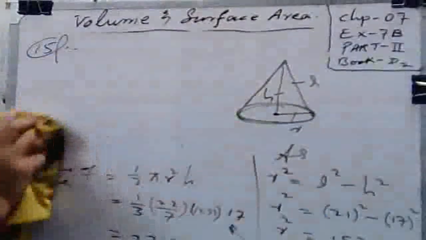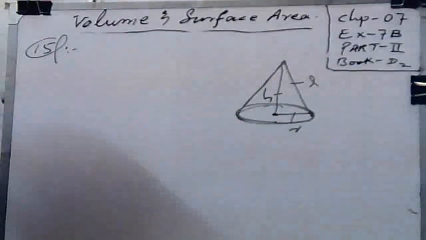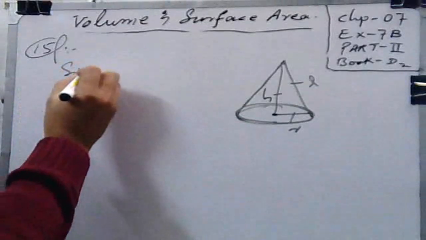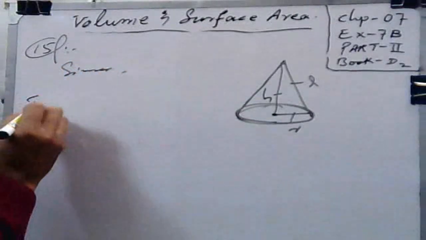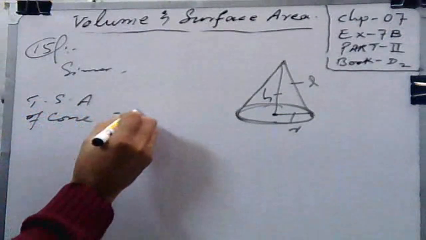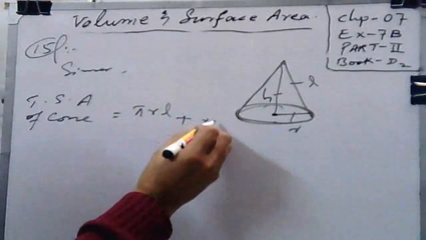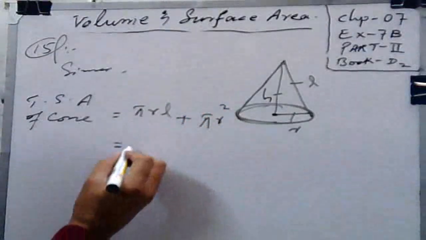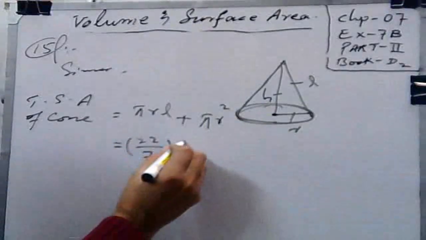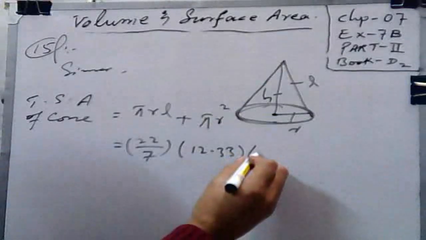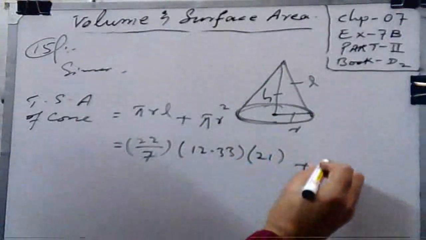To find the total surface area of the cone, the formula is pi r L plus pi r square. The value of r is 12.33 and the value of L is 21.